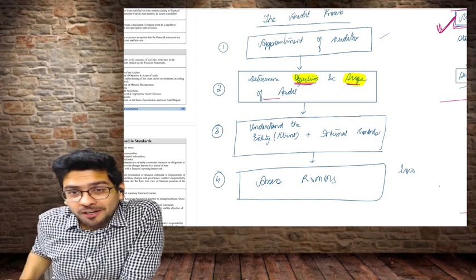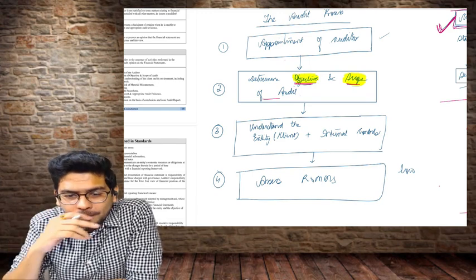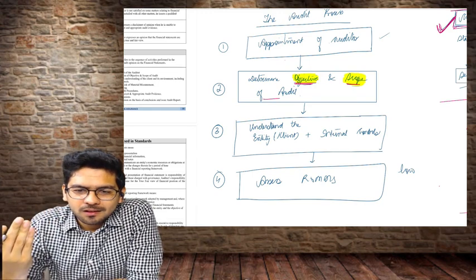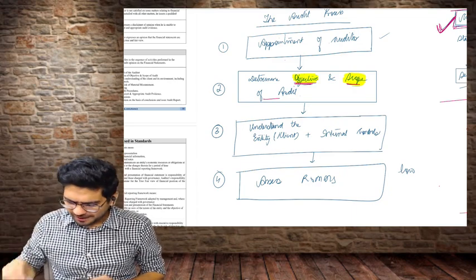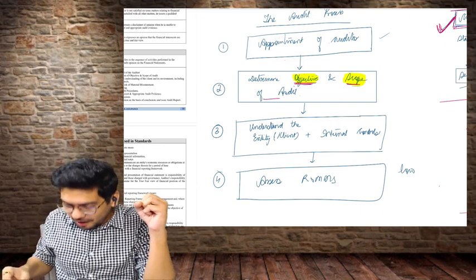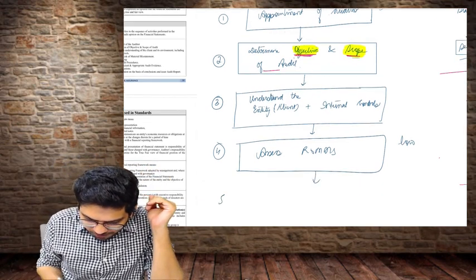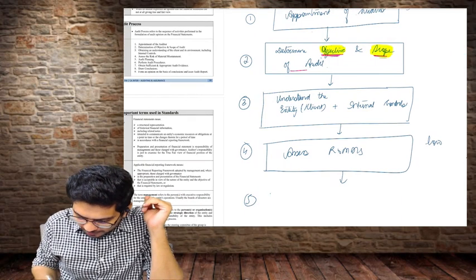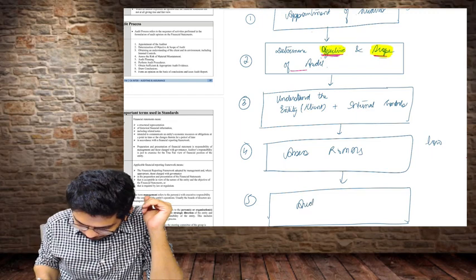It will be easy to audit. Now my extent of audit will be less or more? Workload will be reduced. My extent of work would be reduced. Right, exactly. So on the basis of ROMM that you have just assessed, what we do next, the fifth point, is audit planning. Audit planning.